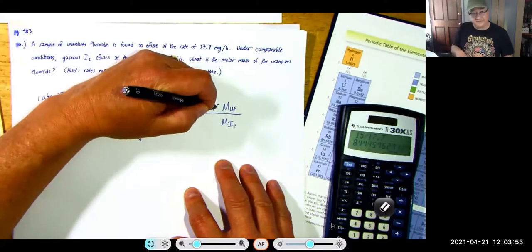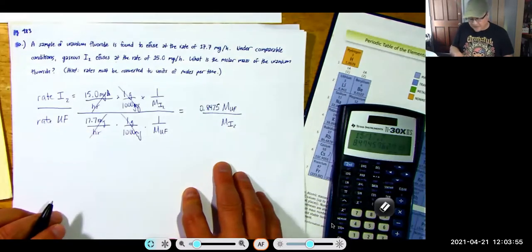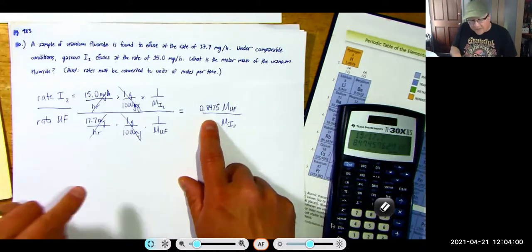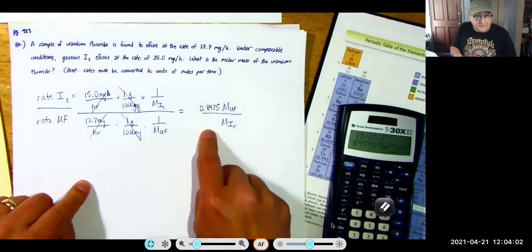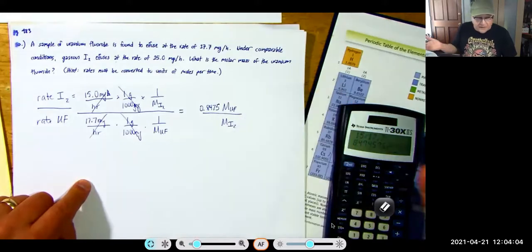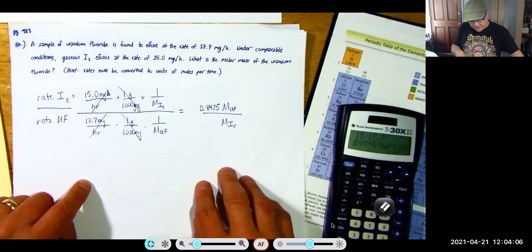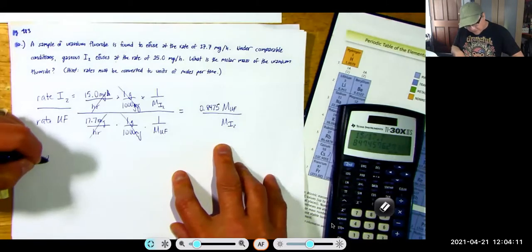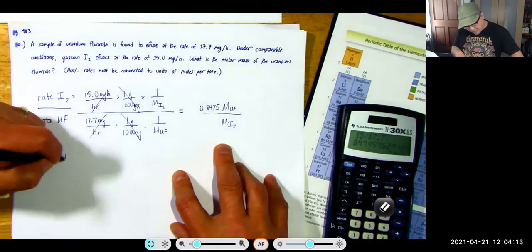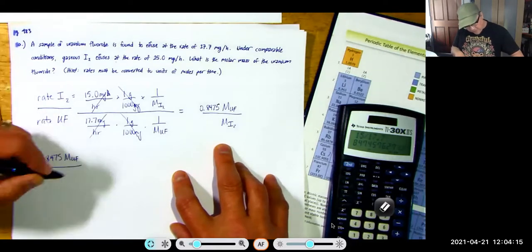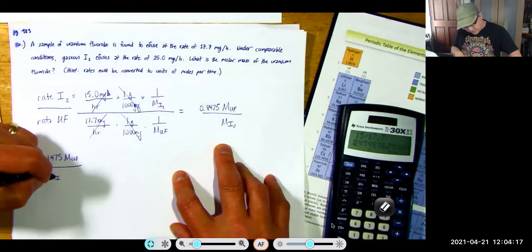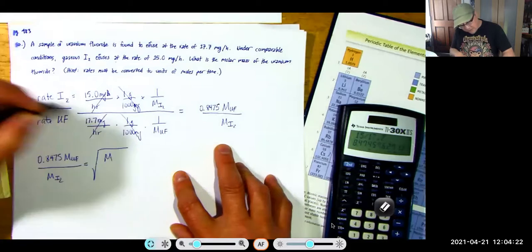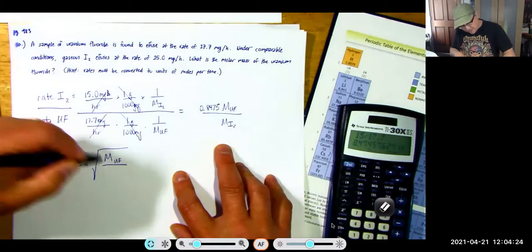0.8475. Now this number is a little different than that 1.18, and that's because the 1.18 was in the bottom. And 1 over 1.18 is 0.8475. Now, we know that this 0.8475 molar mass of UF over the molar mass of I2 is equal to the square root of the molar mass of UF over the molar mass of I2.